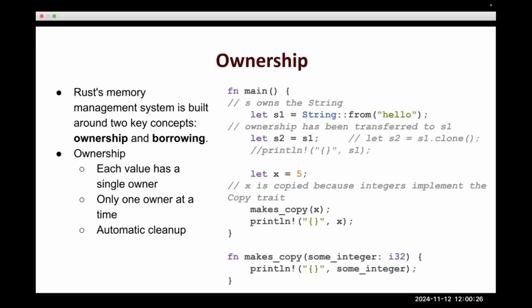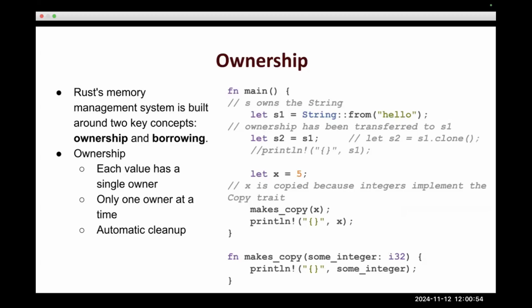And then when you define a new variable s2, it will change the ownership of this string from s1 to s2. And s1 will be disappearing from the system because s1 is not being used anymore, referring to anything. It's dangling, it's dangerous. So the system will forget about s1.